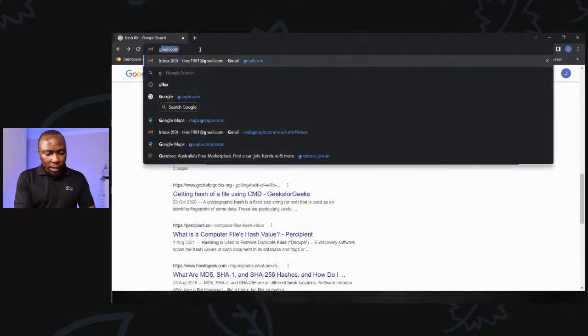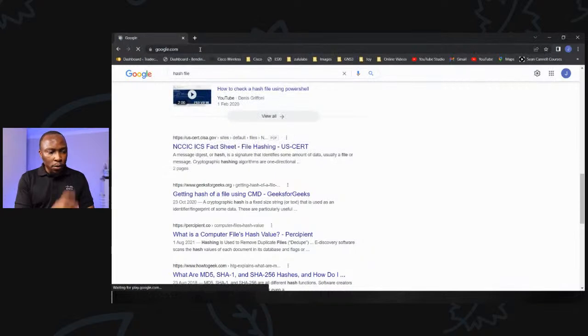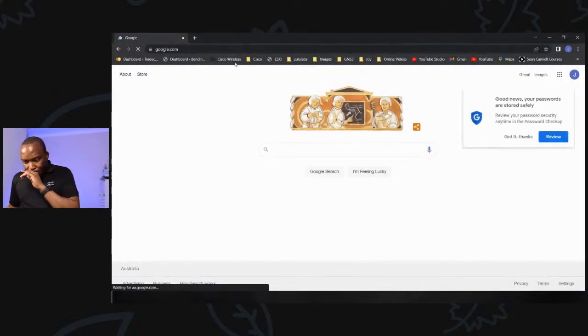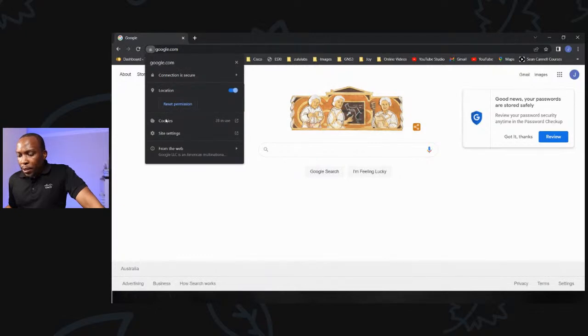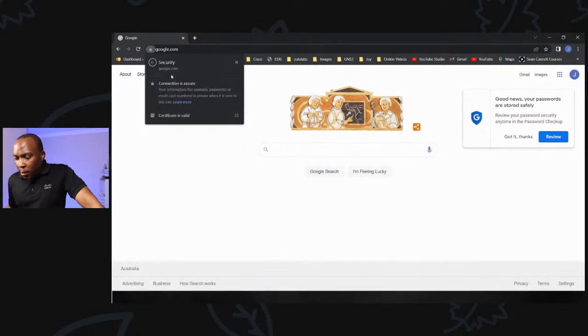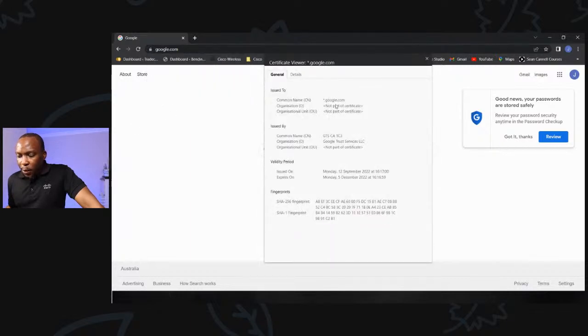Let me not distract you with all the other things on the screen. Google.com, and press enter. If I come here, you'll notice that this connection is secured and there's a certificate being used. This is the certificate we're referring to. In this certificate, we've got the SHA fingerprint. From an integrity perspective, they're using SHA-256.